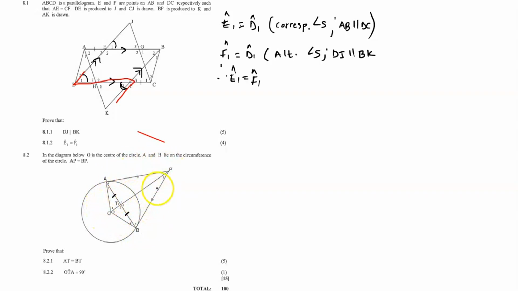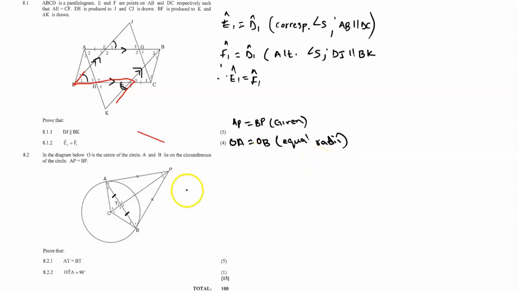And if it's a kite, we know that the diagonal between equal sides actually bisects the other diagonal, so we can use that. So we say AP is equal to BP. That was given. And then OA is equal to OB. The reason: they are equal radii.